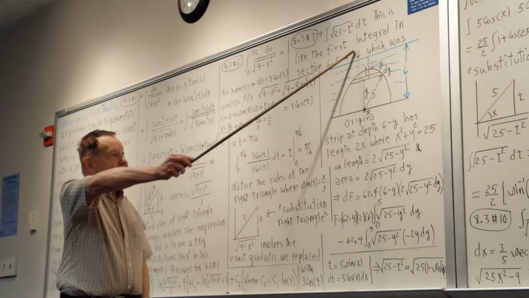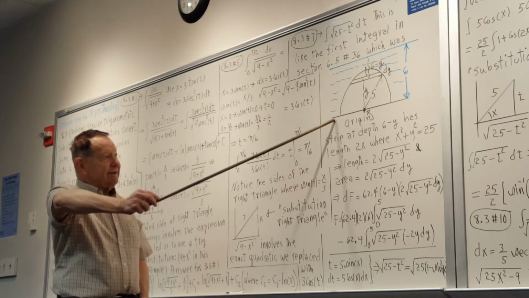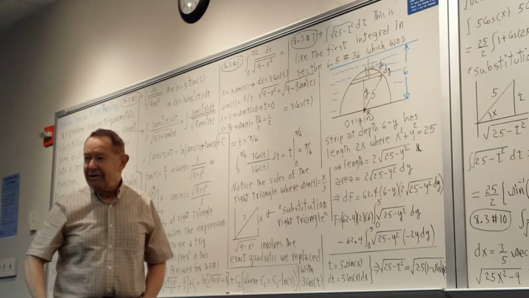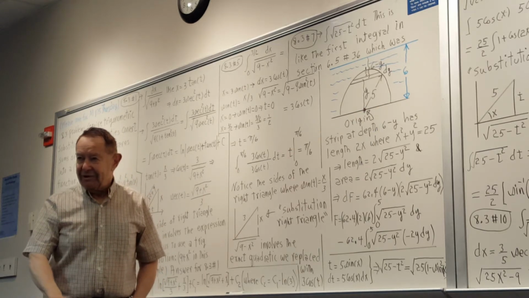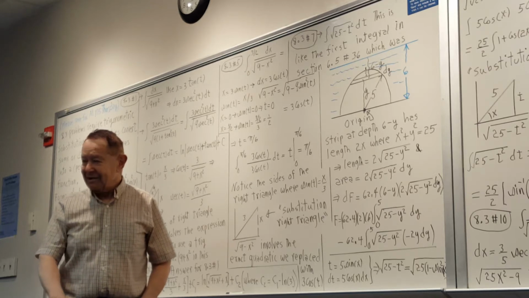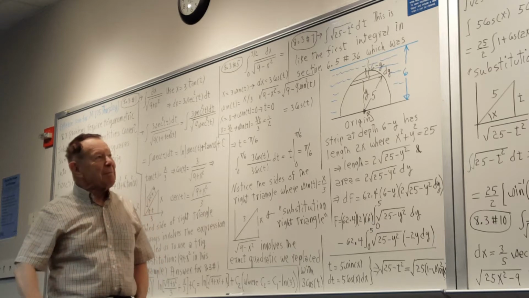And problem 36 was one of these, where the water is 6 feet deep, and you have this half circle window, if you want to think of it as if it's a big tank and people are looking at the sharks or whatever is in there.